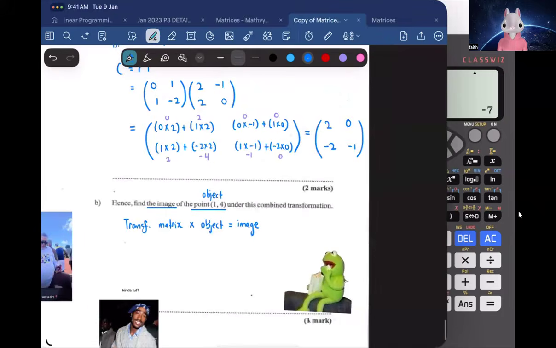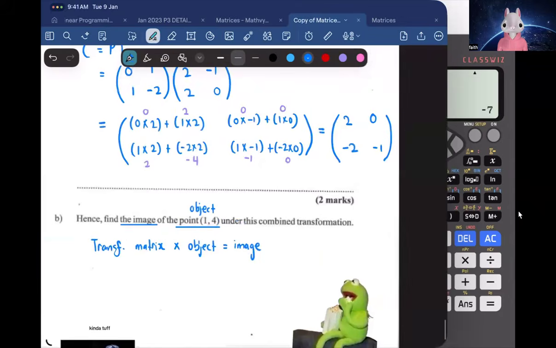So the transformation matrix here, the combined one we came up with, was 2, 0, minus 2, minus 1. Multiply that by the object, the bracket 1, 4, and that gives the image.